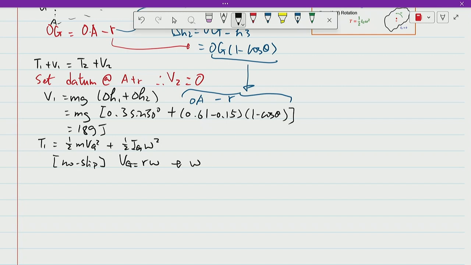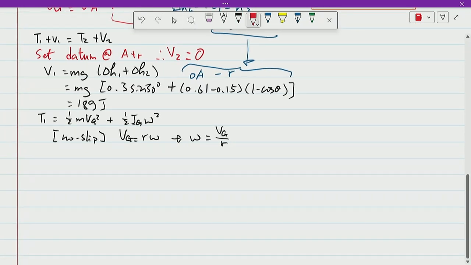This means we can rewrite it as omega equals vG divided by R. This allows us to reduce the number of unknowns. It might look like we have two unknowns, vG and omega, but in this case, we just need vG.